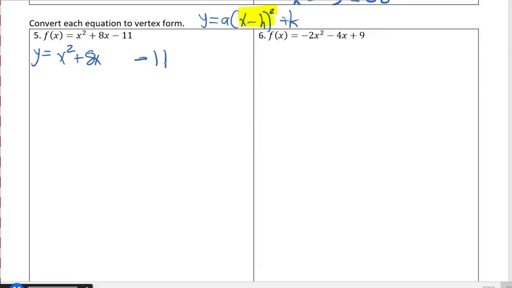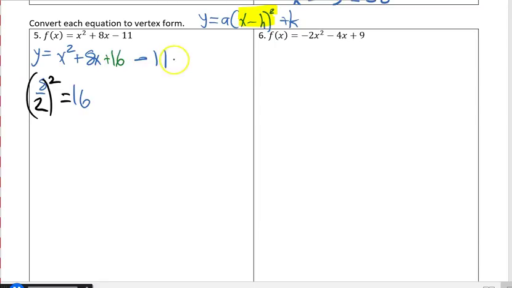So to complete the square, I would still do 8 over 2 squared, and 8 over 2 is 4, and 4 squared is 16. Right? So I add 16. I don't want to mess with the other side of the equation because that's kind of weird to look at.